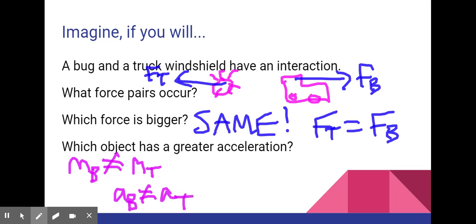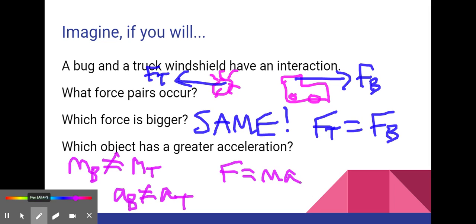And if you look at the equation, F equals m times a, remember, m and a have an inversely proportional relationship. So you should be able to think through which object is going to accelerate quicker. Take a moment, think about which object is going to accelerate more than the other. Okay, because our truck has more mass and these two have an inversely proportional relationship, our acceleration for the truck, because of this interaction, is going to be less.